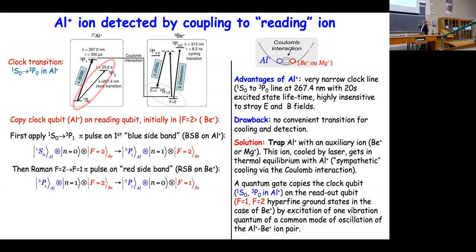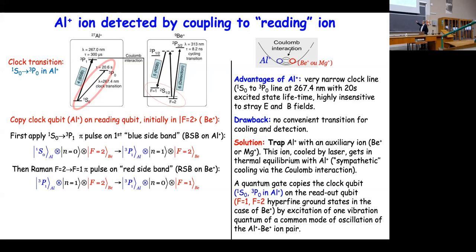And now F equal 1 is the state which has been reached here, but you see that the F equal 2 state is a state which is scattering photons very strongly on the beryllium ion. So this is a detection. Detection is obtained by this transition.